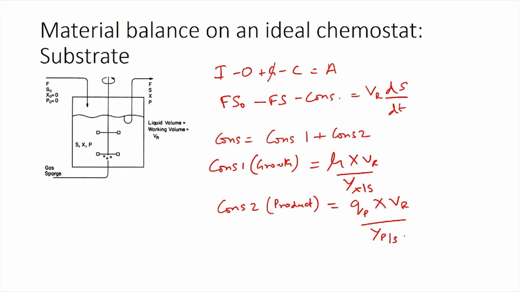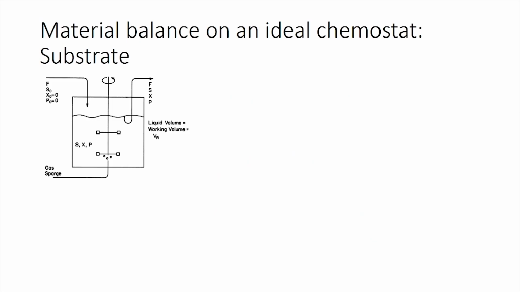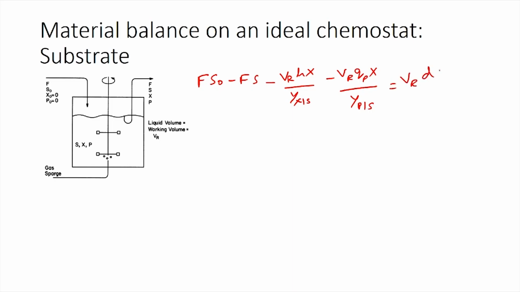So substituting all these terms back into the equation, we get Fs naught minus Fs minus Vr mu x divided by Yxs minus Vr Qpx divided by Yps equals Vr ds dt.